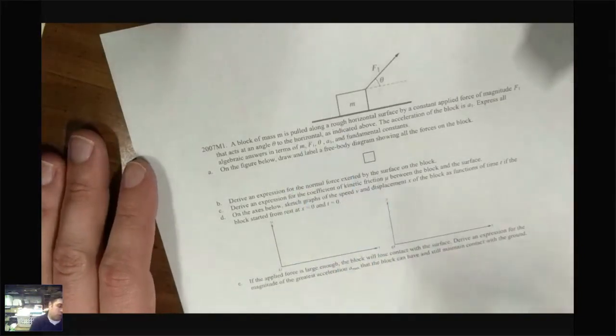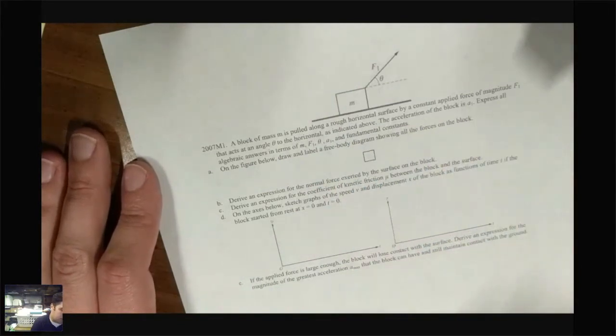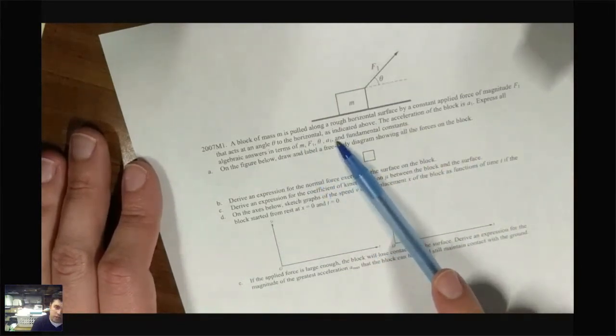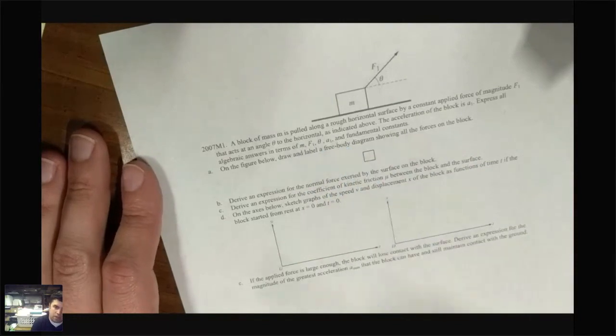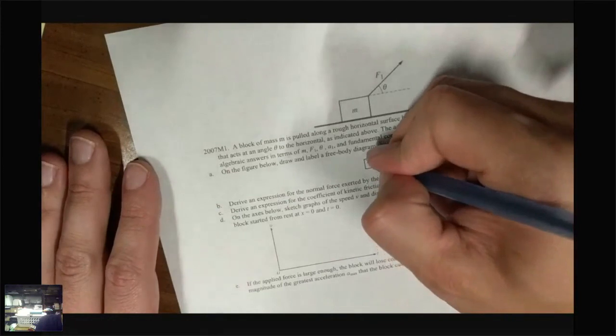But again, could show up. Viable AP question. This is fairly recent too, so we'll go with it. Block of mass M pulled along a rough horizontal surface, constant force F1 at an angle of theta, acceleration is A1. We've got to do everything with those symbols and fundamental constants. So free body diagram with all the forces. Gravity goes down.